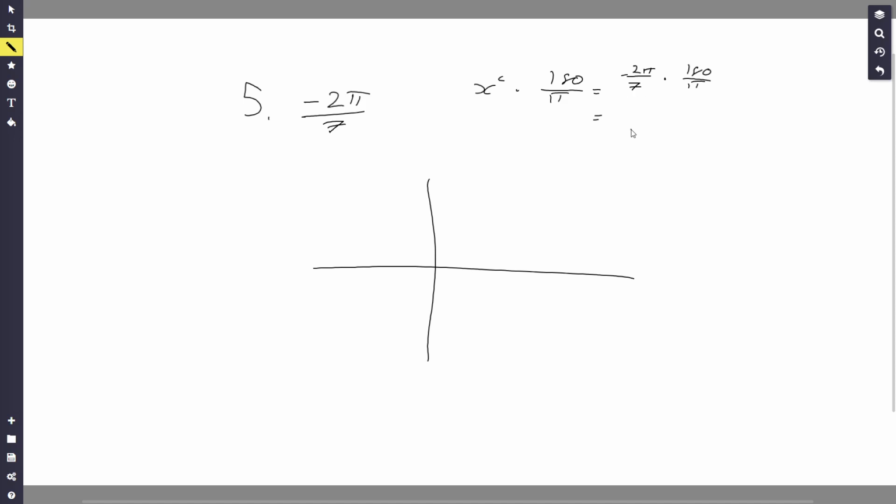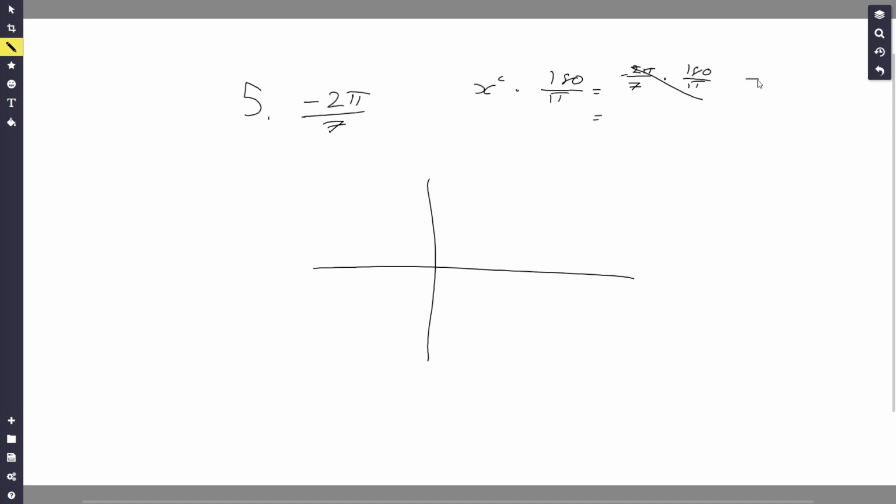So on your graphing calculator, negative 2 pi over, wait a minute. Nope, I'm wrong. We're basically just going to cross out a pi from here.